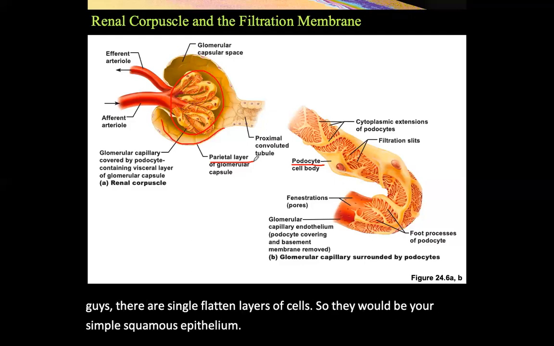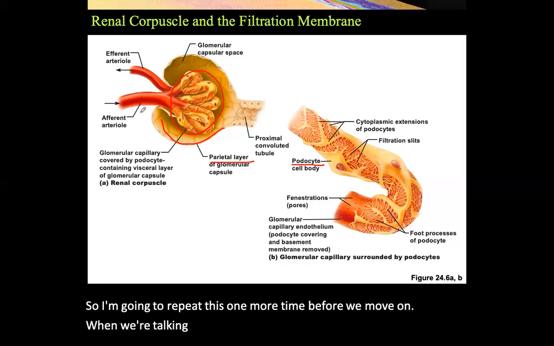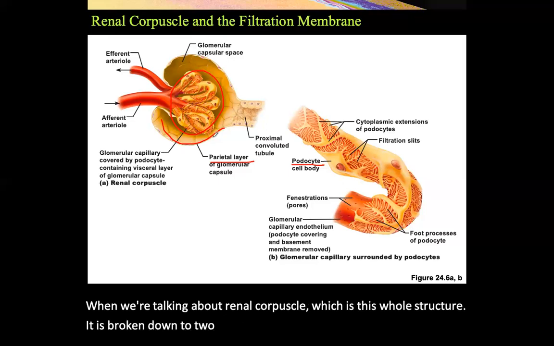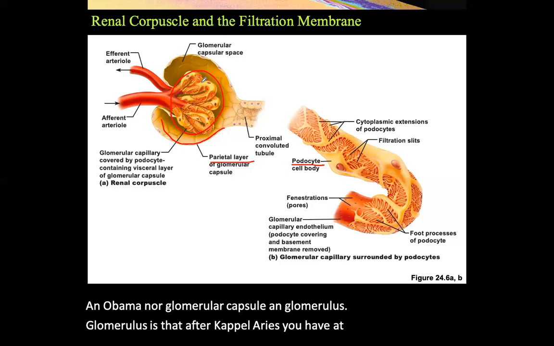I'm going to repeat this one more time before we move on. When we're talking about the renal corpuscle, which is this whole structure, it is broken down into two things: the Bowman or glomerular capsule, and the glomerulus. The glomerulus is the tuft of capillaries you have at the center. And then the glomerular capsule has two layers.